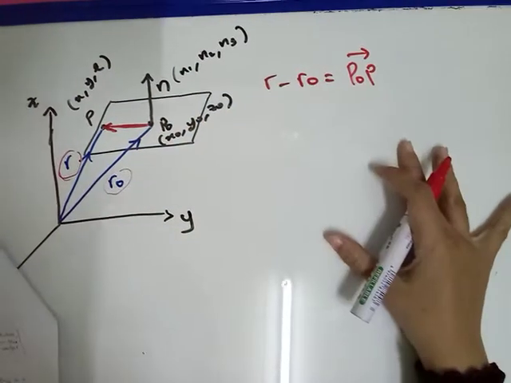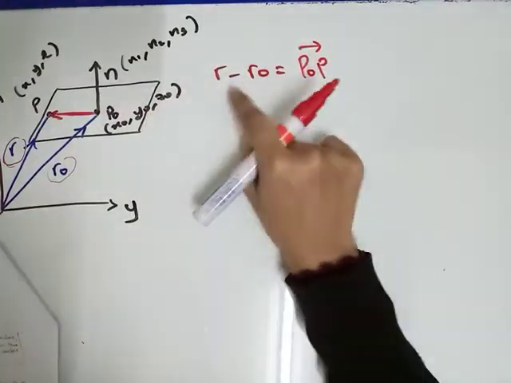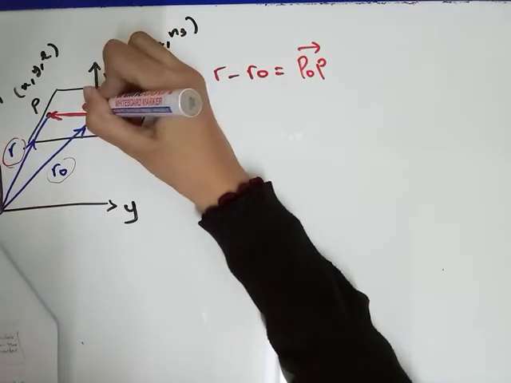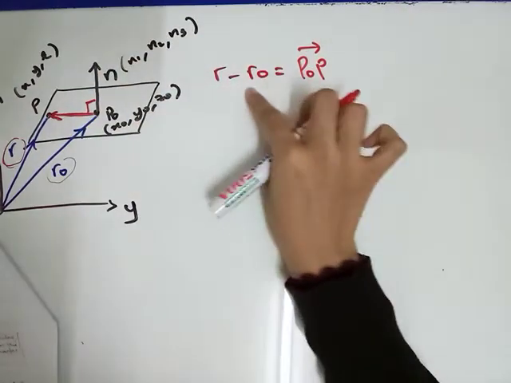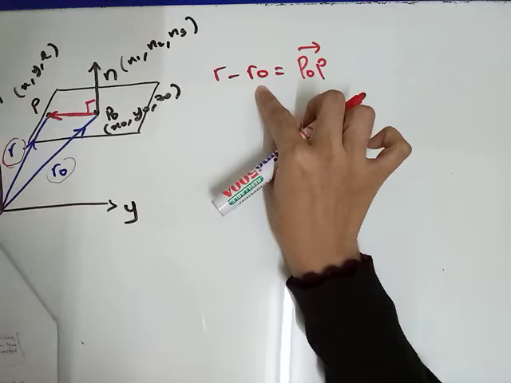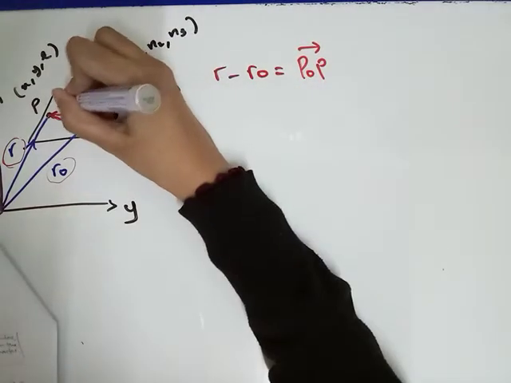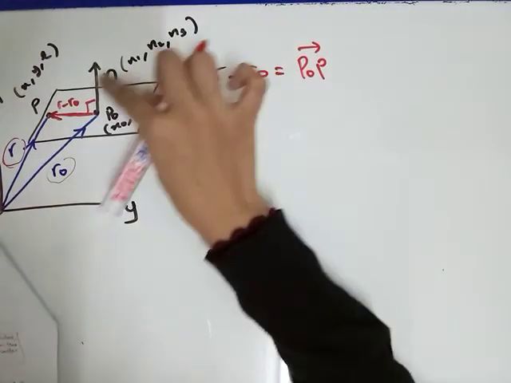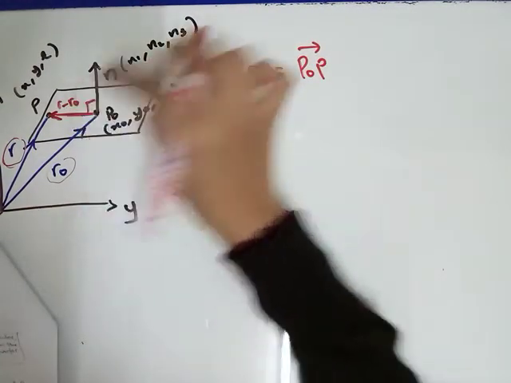So that means vector n is also perpendicular with the vector r minus r naught.